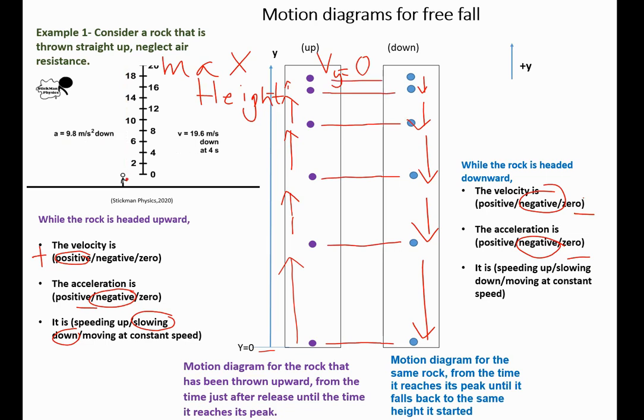And also the magnitude of the initial velocity of the ball is the same as the magnitude of the ball's velocity at the instant it reaches the point from where it was launched on the way down. So that's why I have the same magnitude for the velocity vector, to represent that they have the same magnitude.